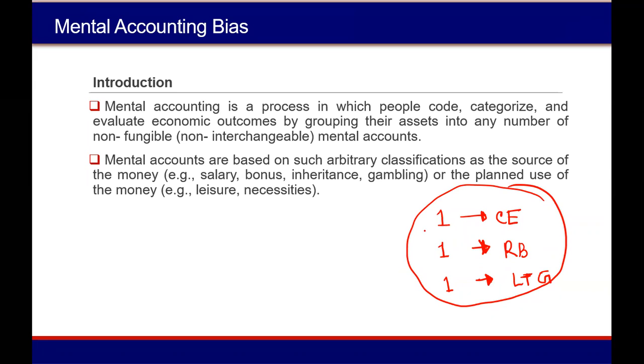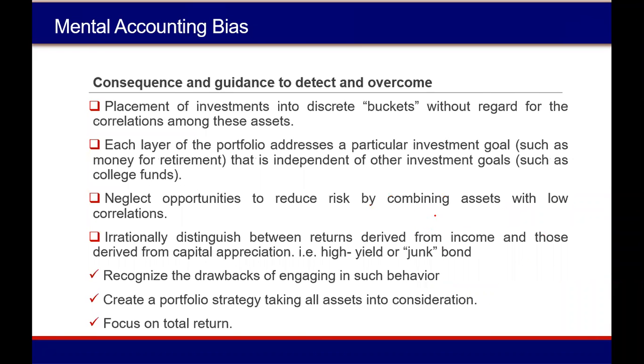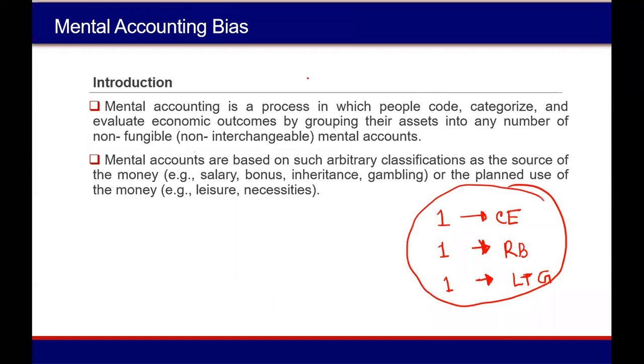So by ignoring such correlation, we may end up doing some poor allocation. And when we exhibit the mental accounting bias, we do not differentiate between the capital appreciation gain and the current income gain.